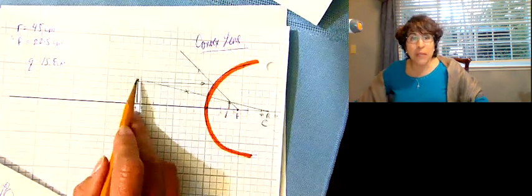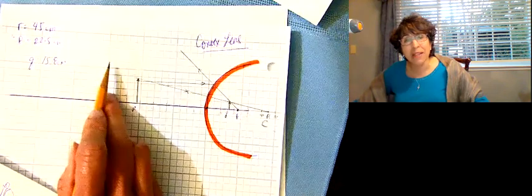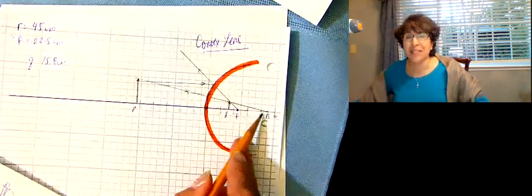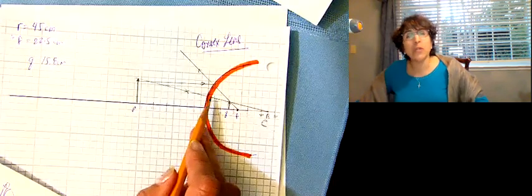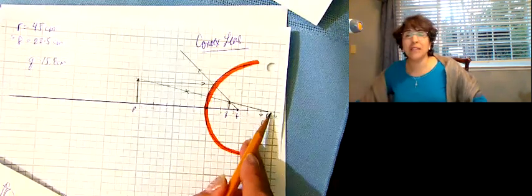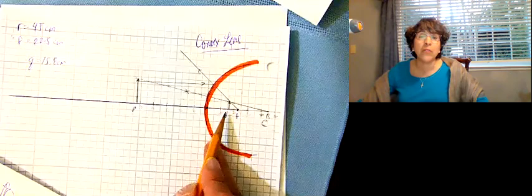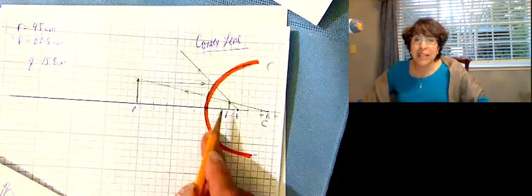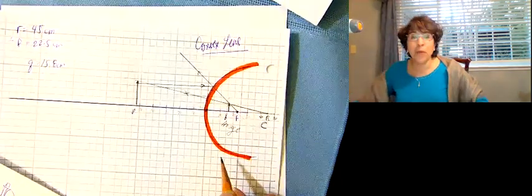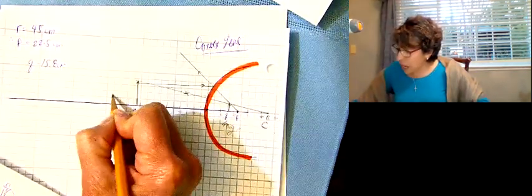Okay, and why? Because this ray would go straight here and bounce straight back because it's directed towards the center. And virtually, you can imagine it going inside the center, and that's where this is. And notice how the image, this one's the image, is upright, just like the object.